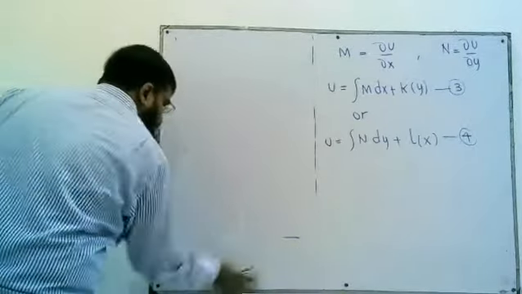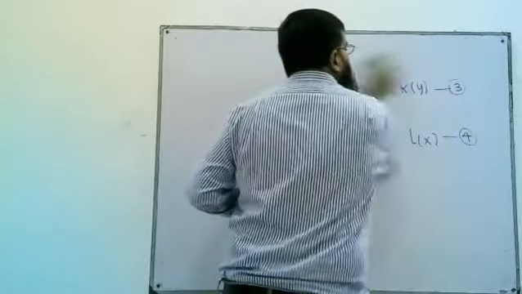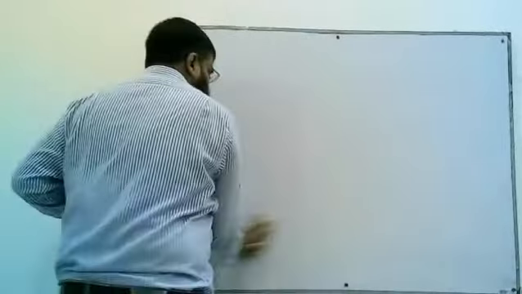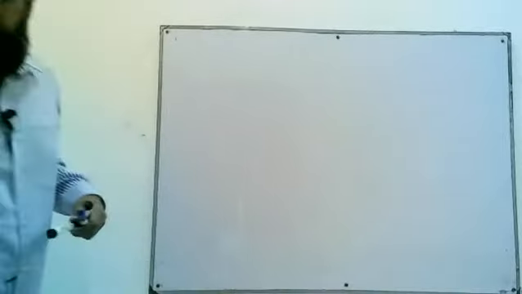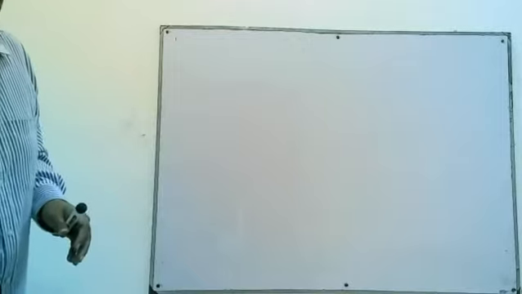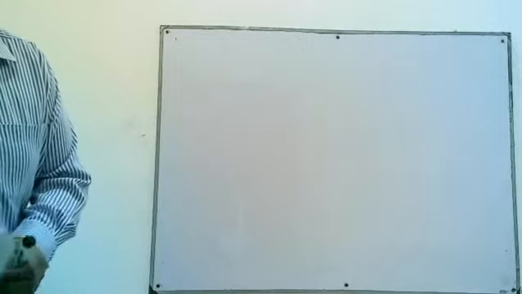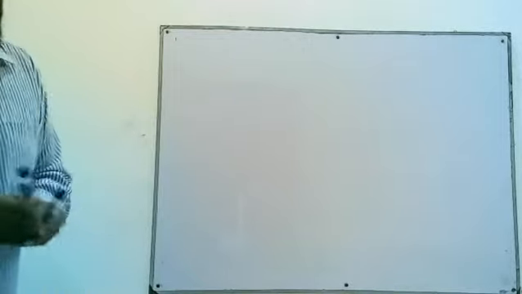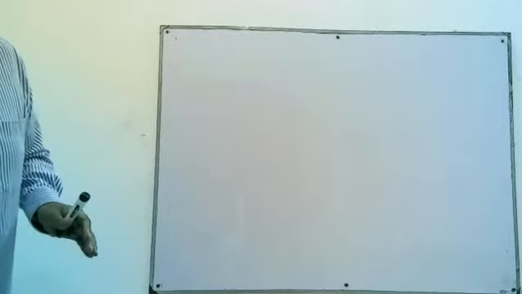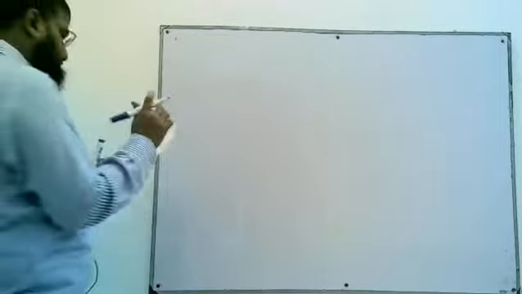You have to keep in mind that, given an ODE, you first have to check the necessary and sufficient condition. That would be your first step. And after that, you would have the solution using either equation number 3 or equation number 4.